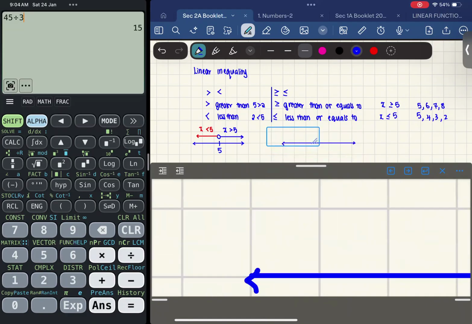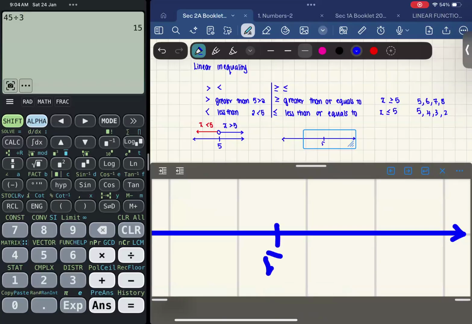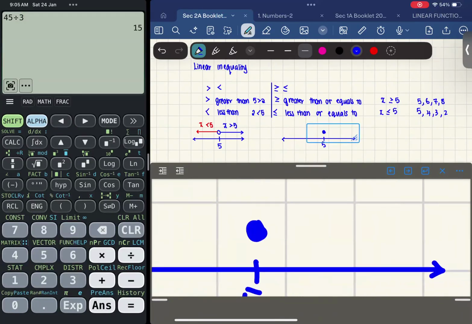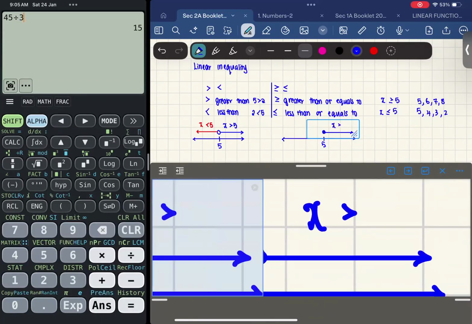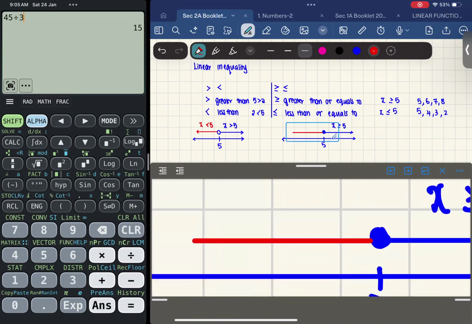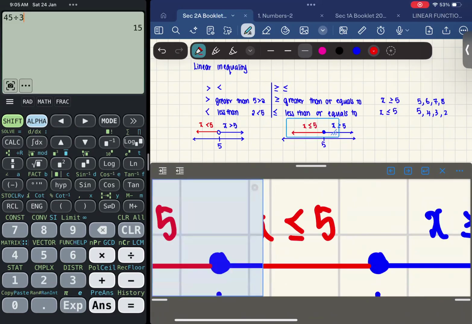Next one, greater or equals to. This one is a bolded circle, so we bold it. This is x is more or equals to 5. On the other side, x is less or equals to 5.